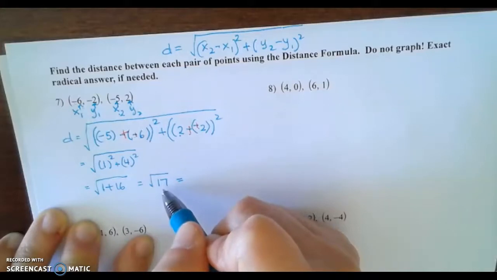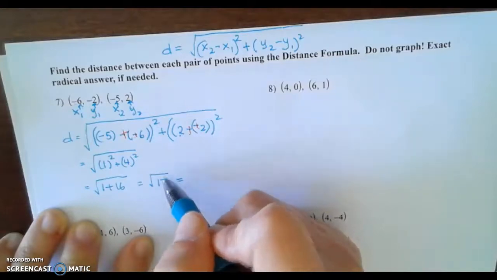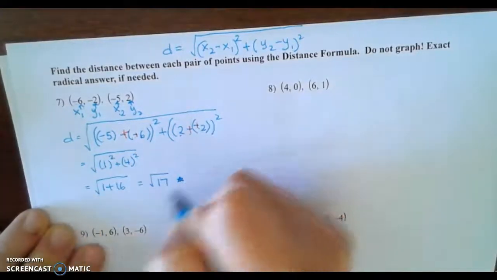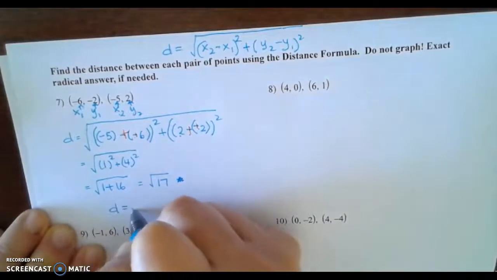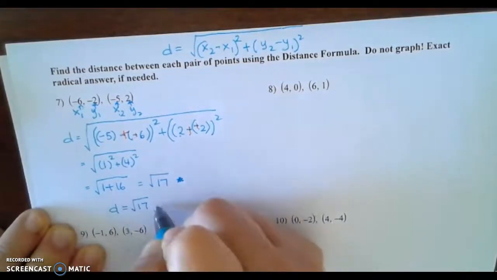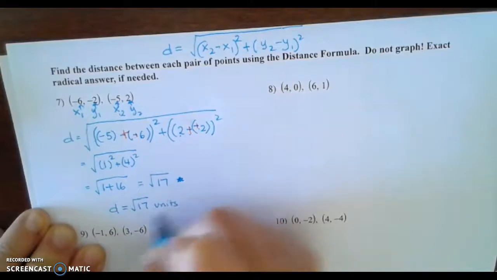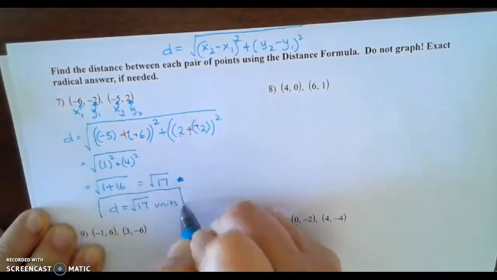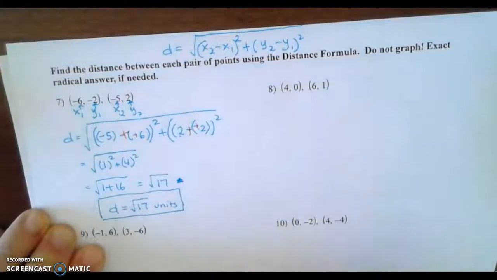Is this divisible by 4? 17 is not divisible by 4. Is 17 divisible by 9? No, so none of them work. So this is my final answer. Distance is square root of 17 units. We don't know what the unit is, so we just write units.